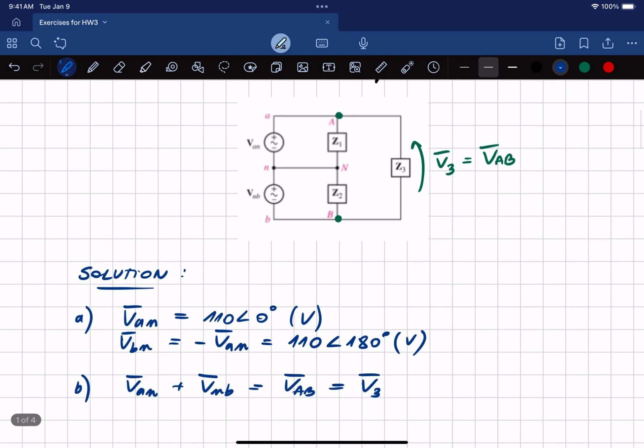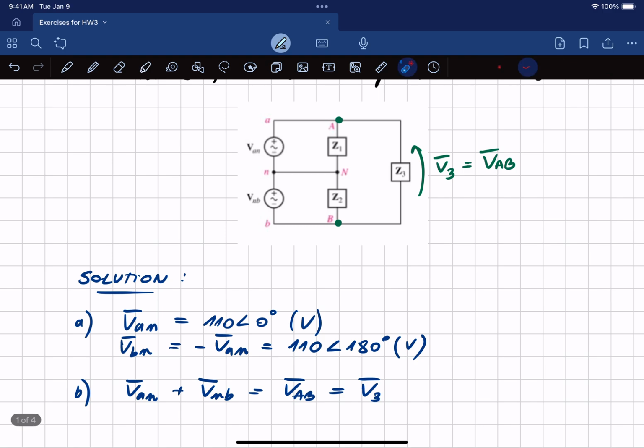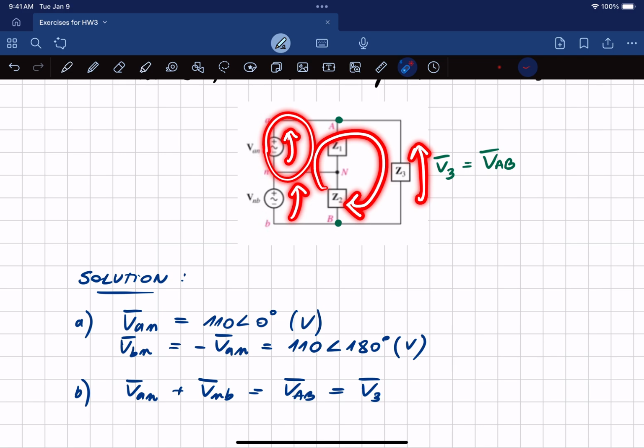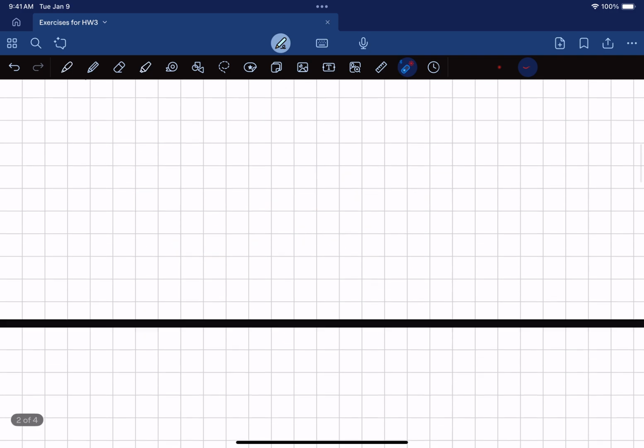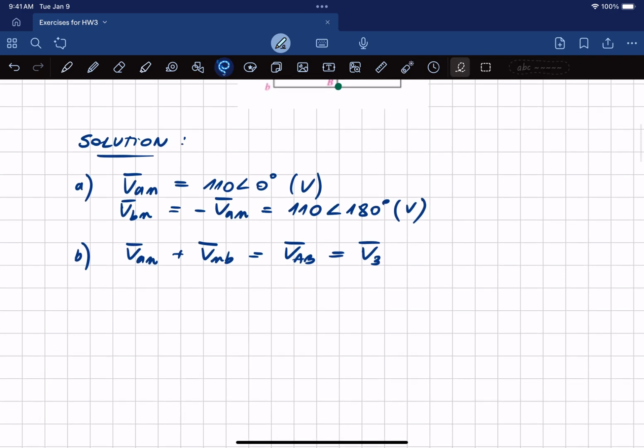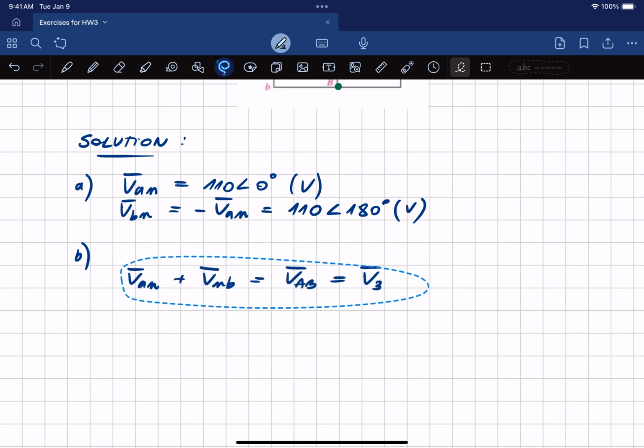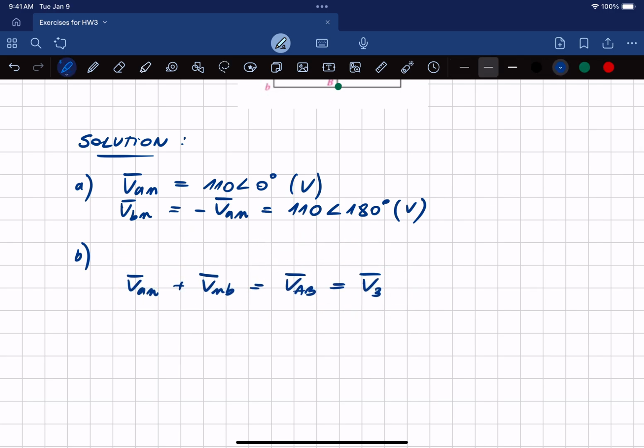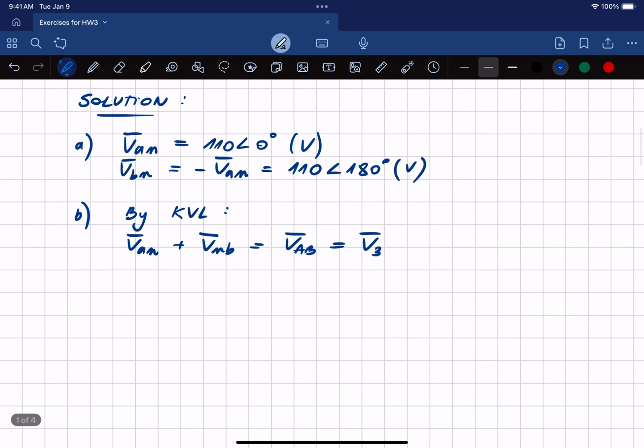Okay. So what we're doing here is following the loop, right? We have those three voltages and we're following this loop. So this voltage minus this voltage plus this voltage equals 0. Let's make it even more explicit by Kirchhoff's voltage law. Then we get that relationship.